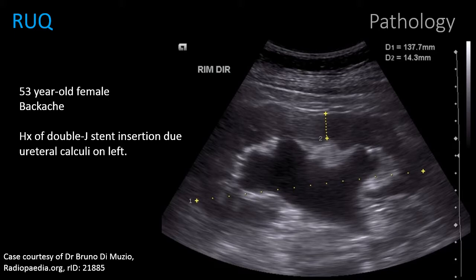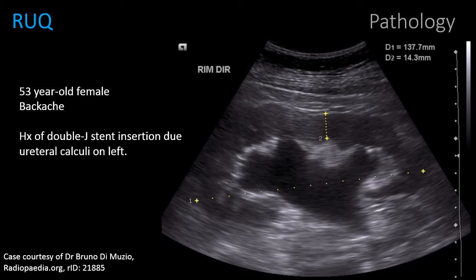This is a kidney. Kidneys are very distinctive. You'll get to know how they look. And in this case, you can see that there's too much fluid in the renal calyces. It's blown up, and you don't see the horns of the renal calyces as much.